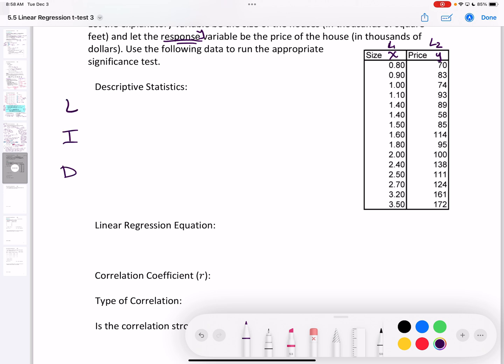L-I-D-S, which stands for linear, influential points, direction, thank you, and strength. And remember, to get the strength, what do you have to do first?